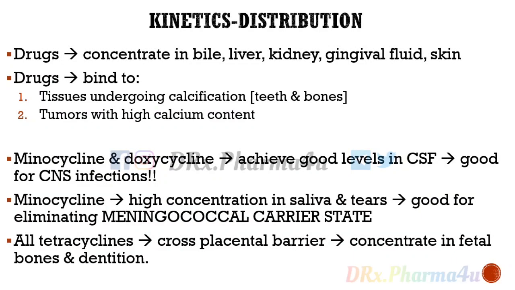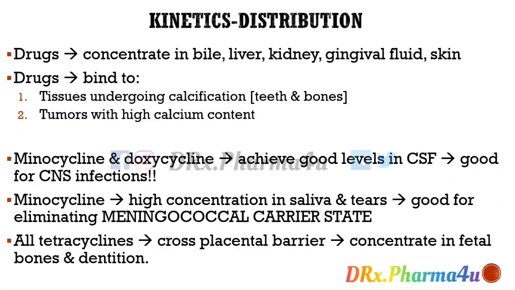This problem has been most commonly found in evolving growth. Evolving growth means what? When a child is growing, his tissues, his organs, everything is developing. So during the evolving phase, if tetracyclines are used, then it can cause dramatic problems. And definitely, if there is any kind of tumor in which calcium content is very high, tetracyclines tend to bind to that as well.